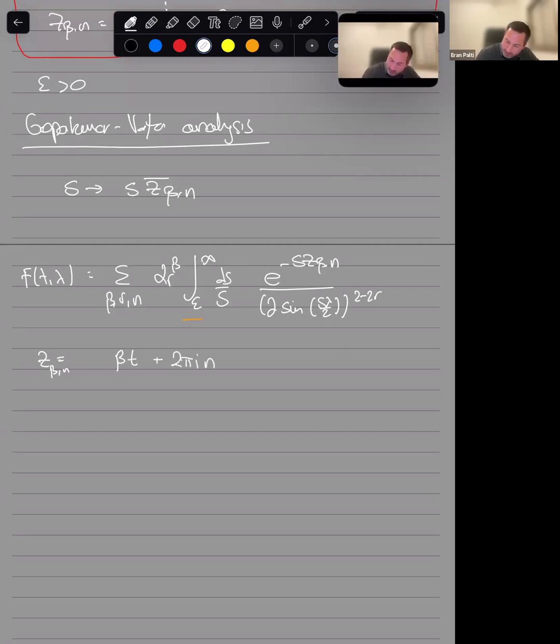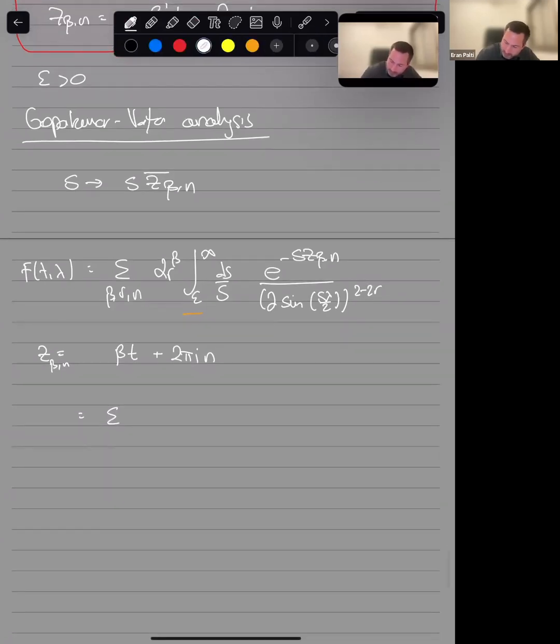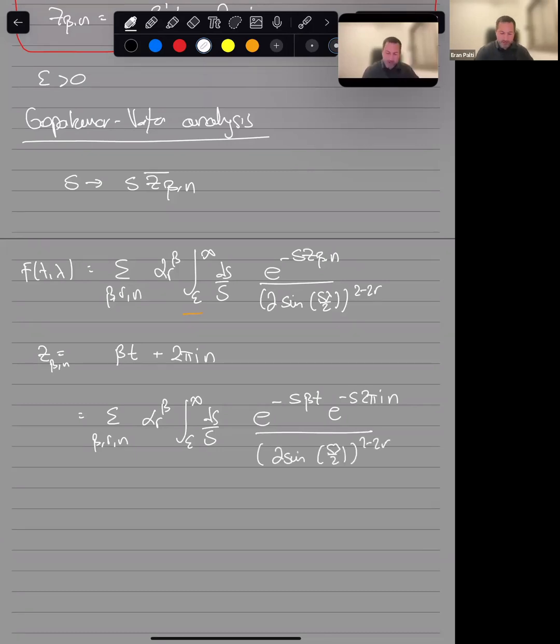Then if I put that into the expression, then I have s beta t, and then here I have minus s 2 pi i n divided by 2 sine s lambda over 2 to the 2 minus 2r.